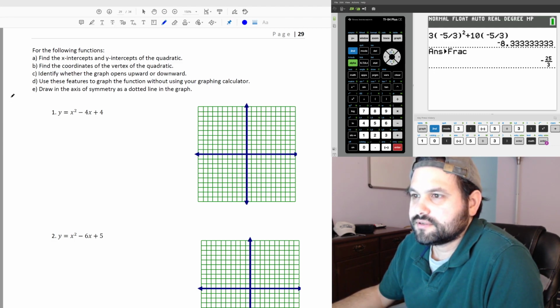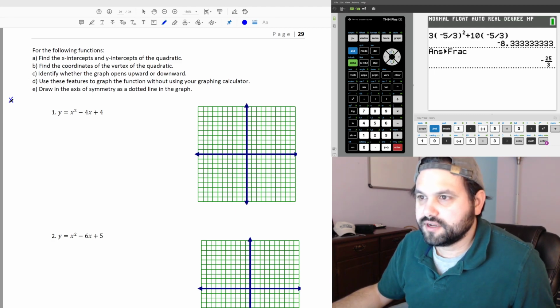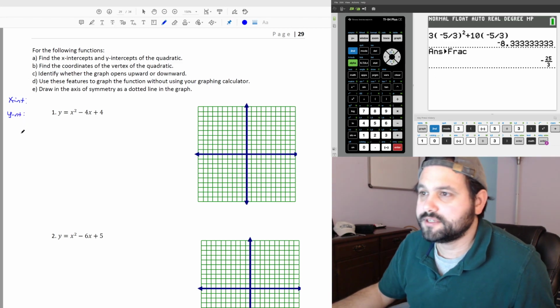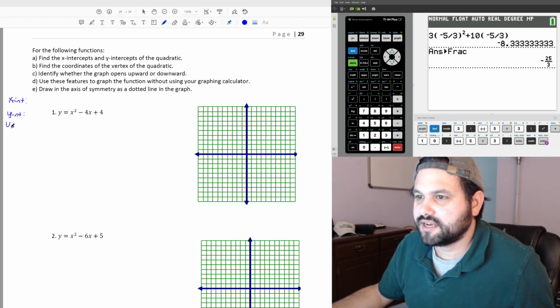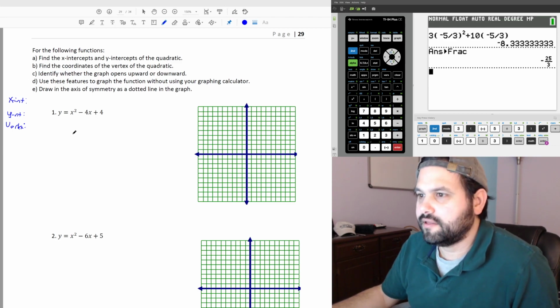X-intercepts, I'm just going to put my answers in one little area. I'm going to have my y-intercepts, I'm going to have my vertex, and I can figure out all the rest. Okay.